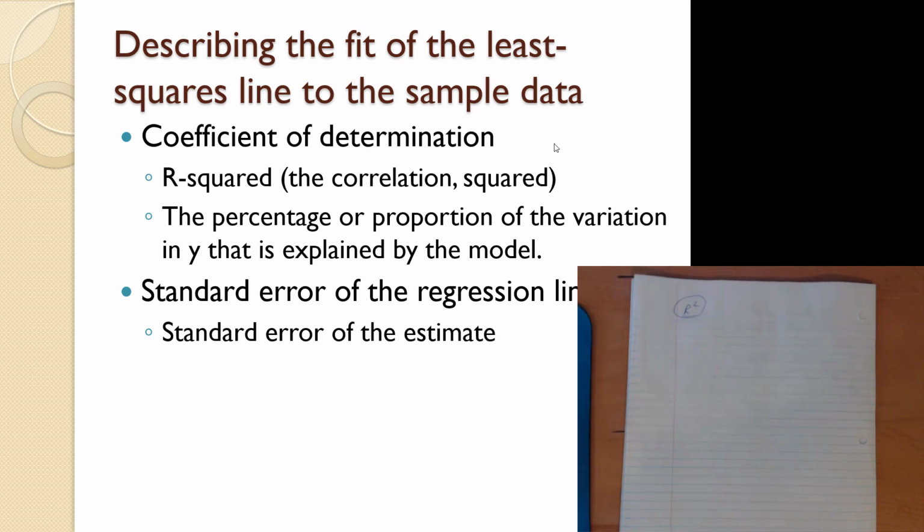A lower standard error of the regression line, or standard error of the estimate, is preferred to a higher one. We like the R-squared better because it has a better intuitive understanding, and all sorts of stakeholders can understand percentages and proportions, even though a standard error of the estimate might be a little clunkier to express.